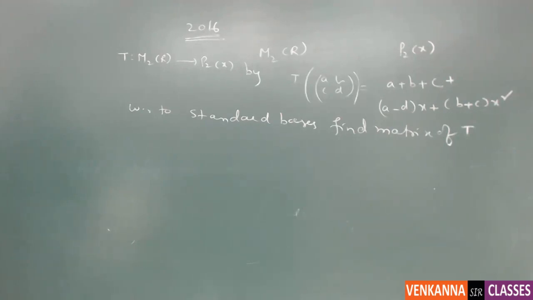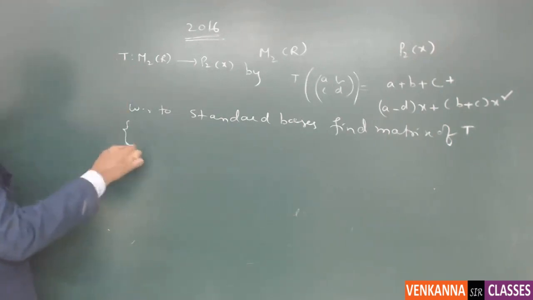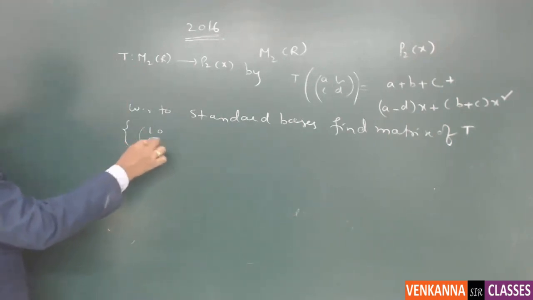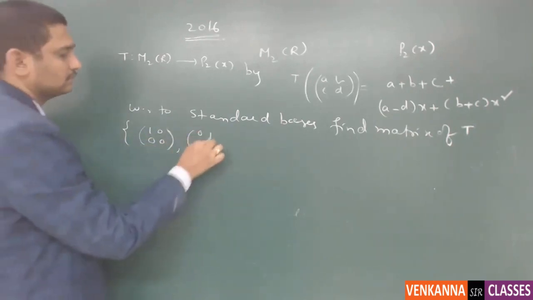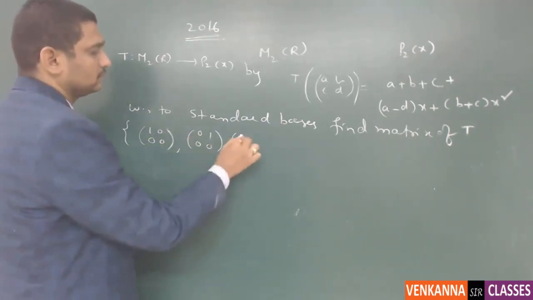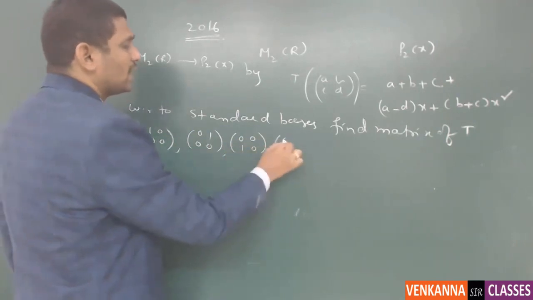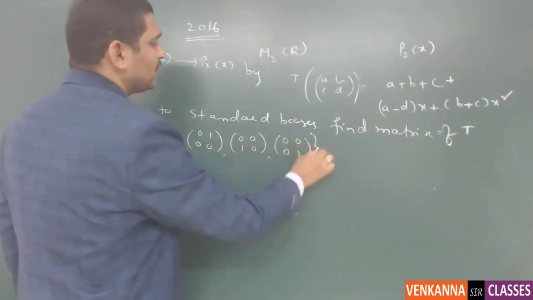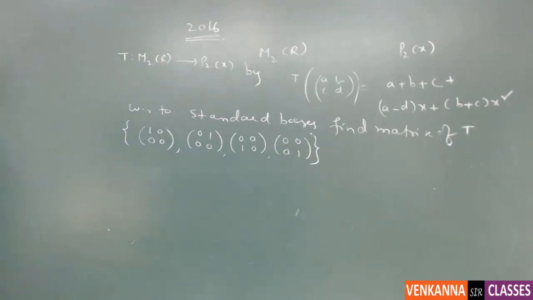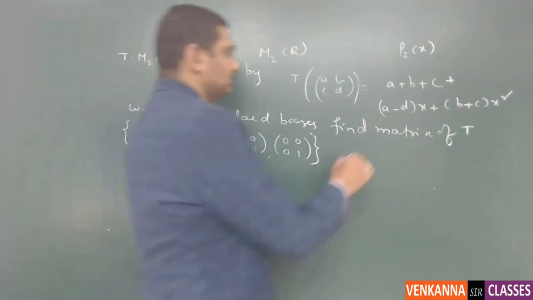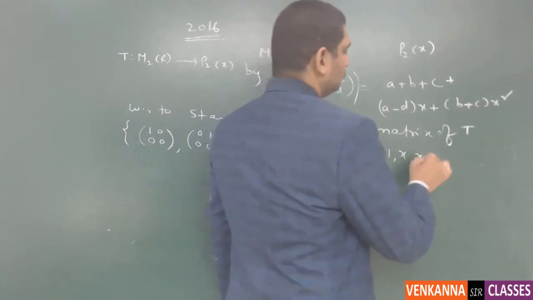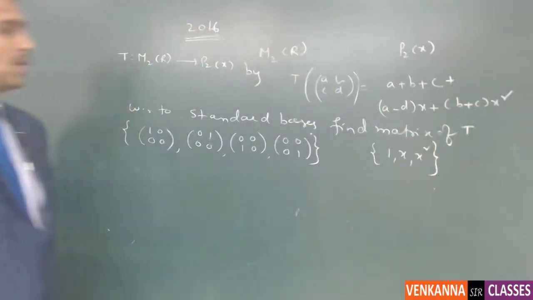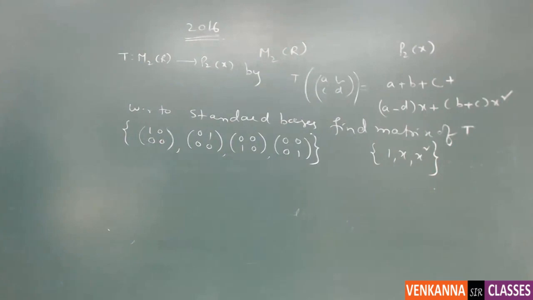Right. Now, first of all, let us look into what the standard bases are for the vector spaces. For this, the standard basis is nothing but a combination of ones and zeros. Whatever order you read, this is the standard basis for the domain. And for the codomain, the standard basis is this one, 1, x, x square.